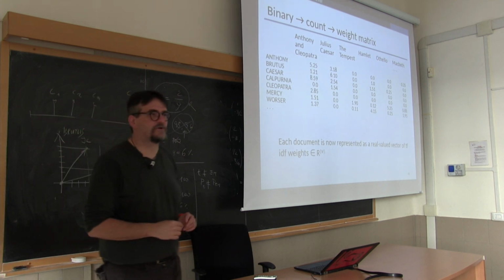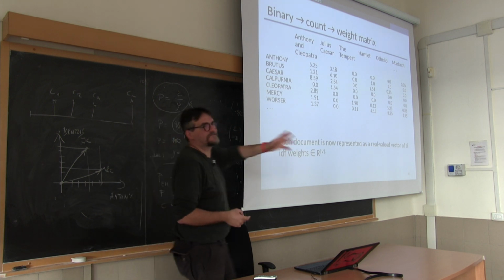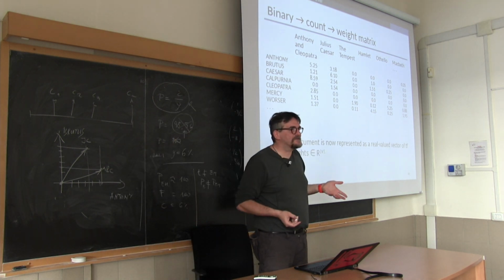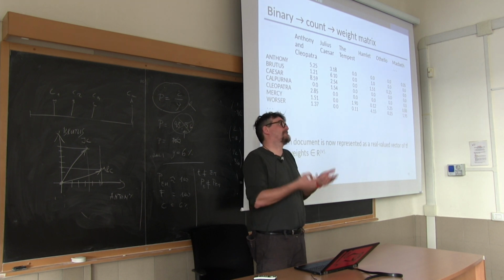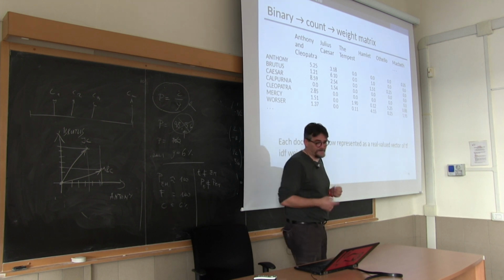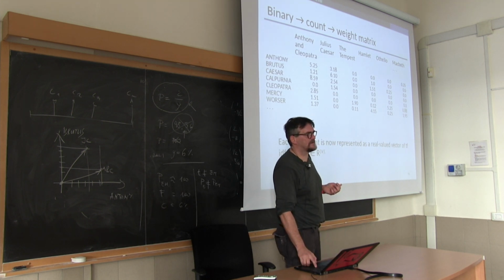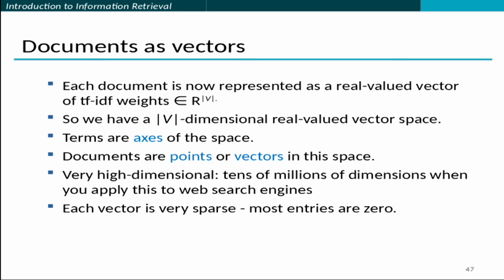Representing the documents. Now we are looking at, for the sake of simplicity, even because it's the only way we can represent it, a two-dimensional space. Maybe we can handle a three-dimensional space. But please consider that in reality, this is a huge space made of thousands of terms, okay?